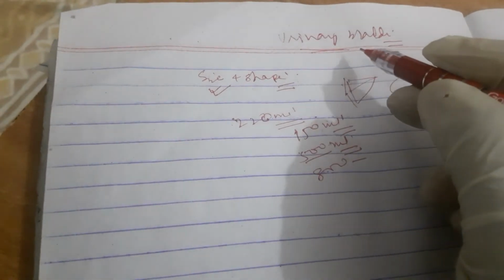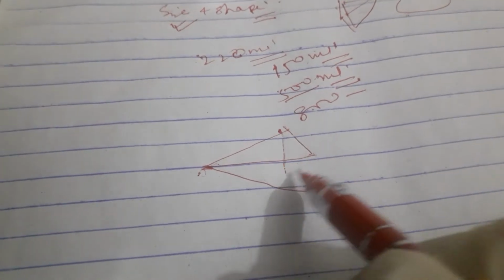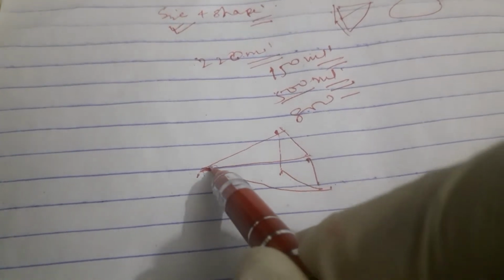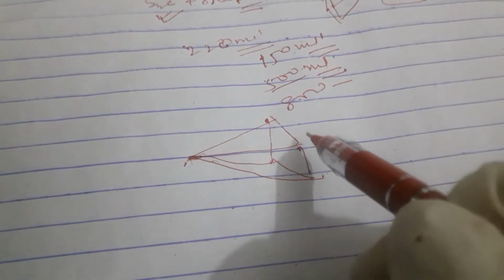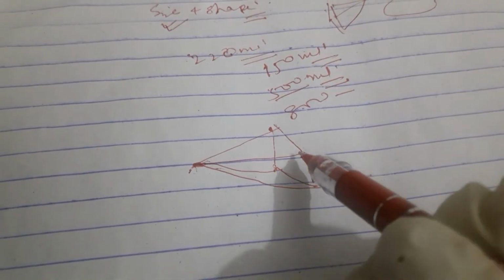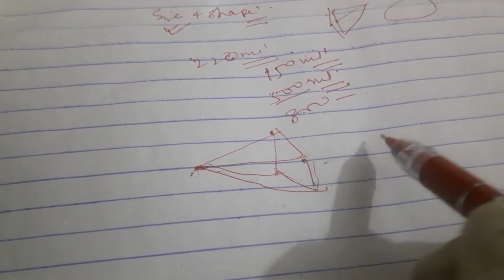Now coming to its external features, it has one apex. This one is the posterior surface or the back.